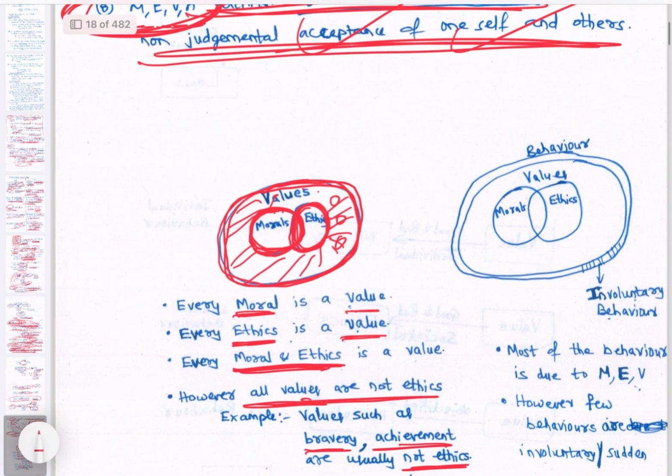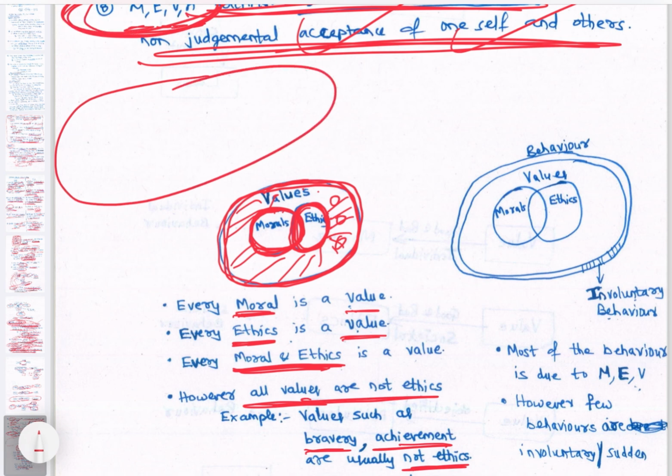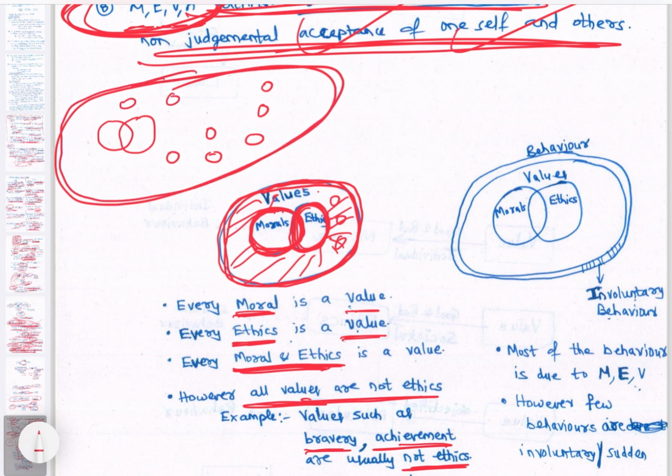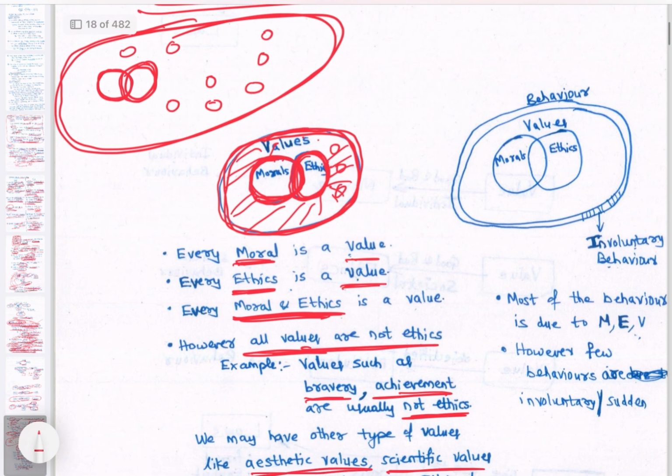Basically, values are broad; within values, one part is morals, one is ethics. There are also political values, economic values, etc. So values are very broad. A few values, the ethical values, are ethics; moral values are morals. That's what we need to understand from this diagram.